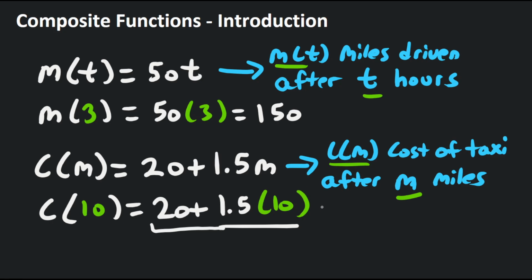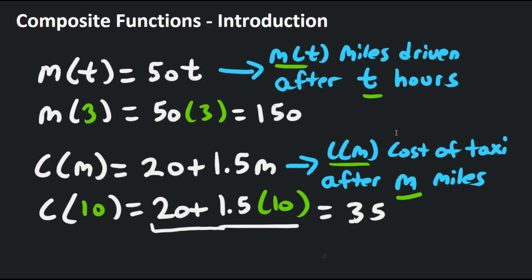So c of 10 is 35. So what this means is our taxi will cost us $35 if we drive for 10 miles. The 10 miles is our input, and $35 is our output.